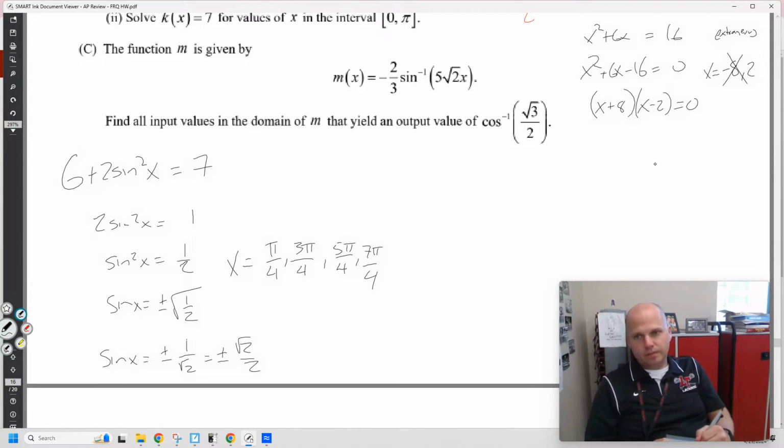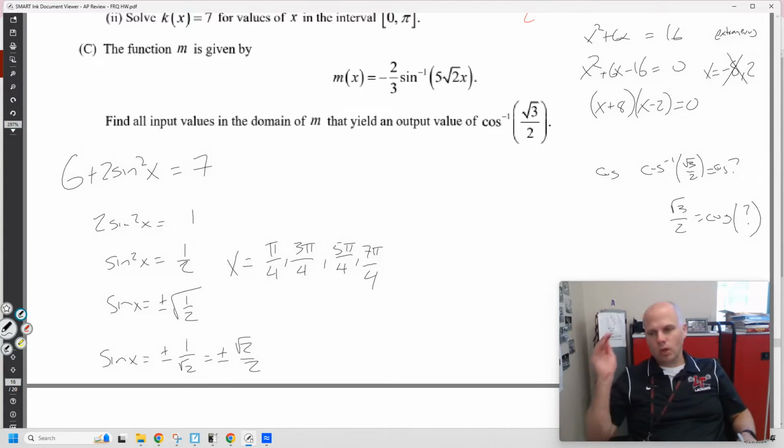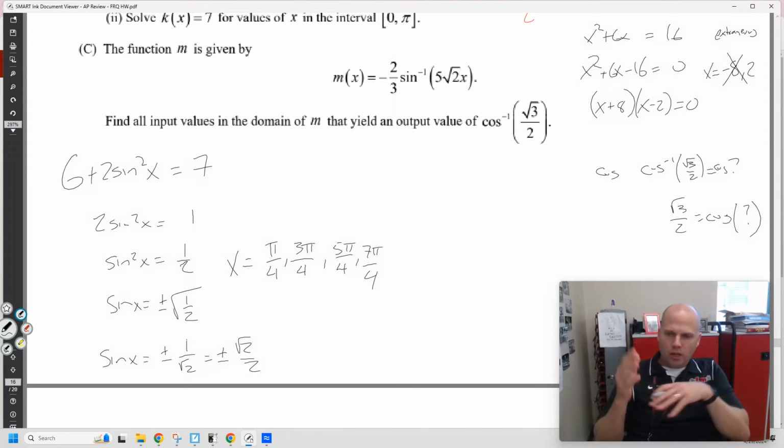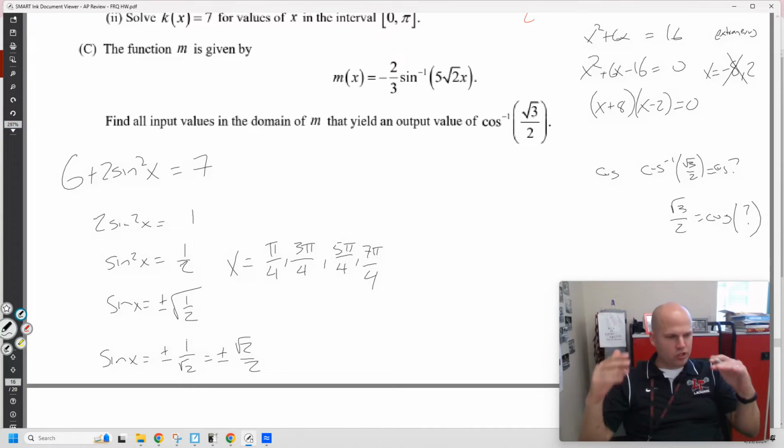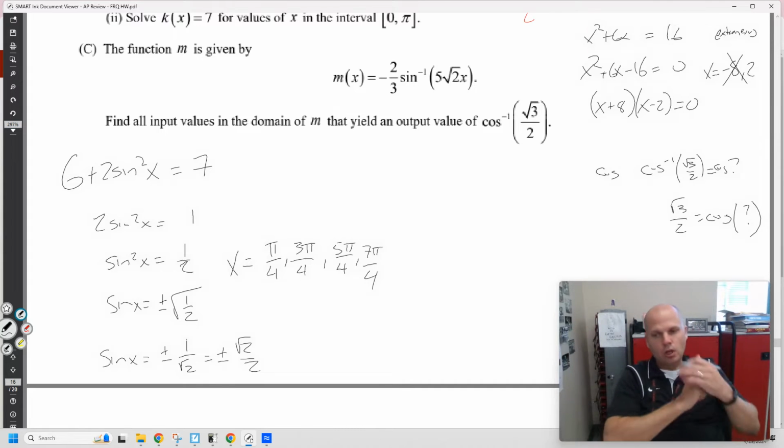This is no calculator. Let's say you're unsure. Take the cosine. Root 3 over 2 equals the cosine of what? What angle? Inverse cosine, like trig functions take angles and produce ratios. Inverse trig functions take ratios and produce angles.